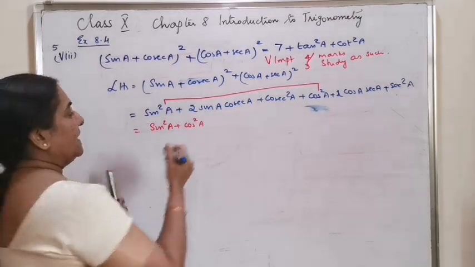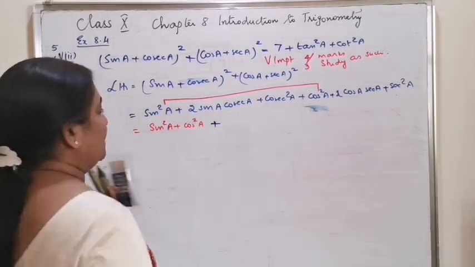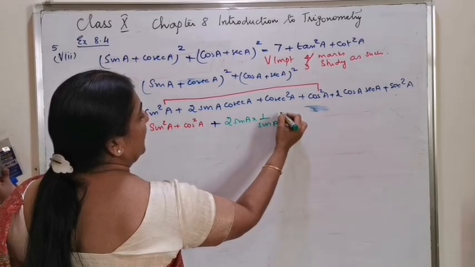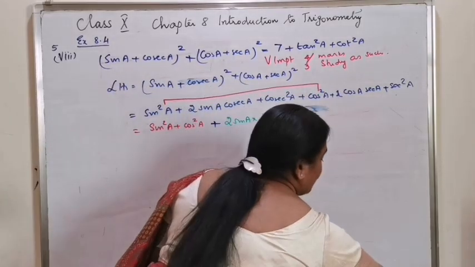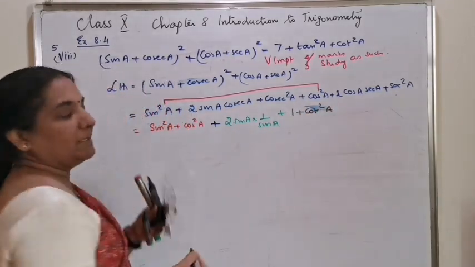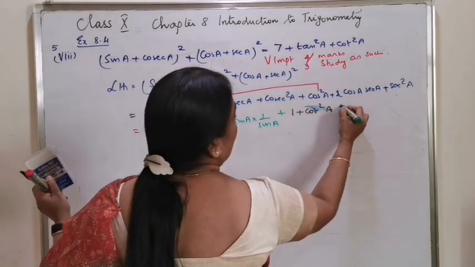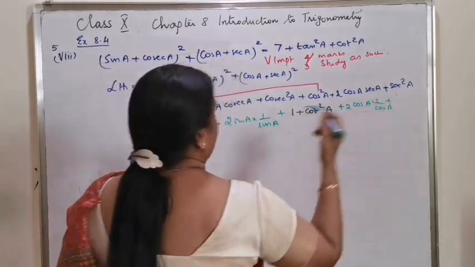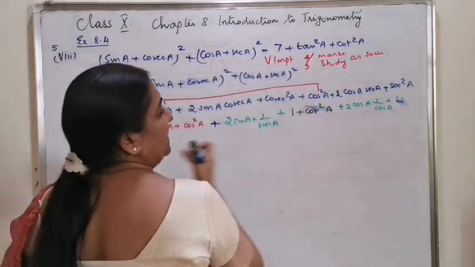Then the next conversion will be 2 sin A cosec A. That term will be changed as 2 sin A into cosec A, which is 1 by sin A, plus cosec square A, which will be changed using the identity 1 plus cot square A. Similarly, 2 cos A sec A will be changed as 2 cos A into 1 by cos A, plus sec square A, which will be taken as 1 plus tan square A.